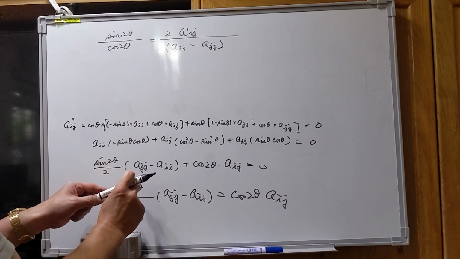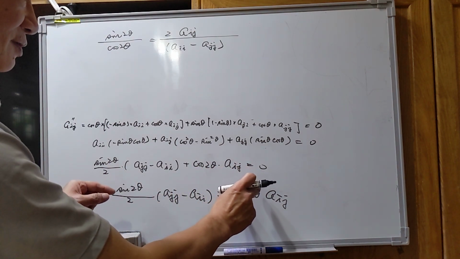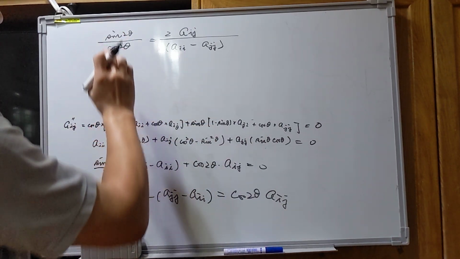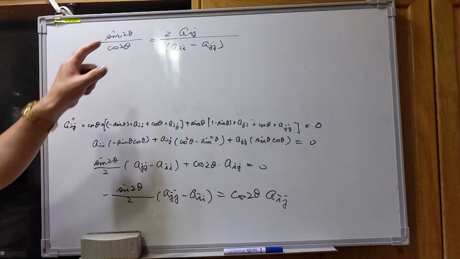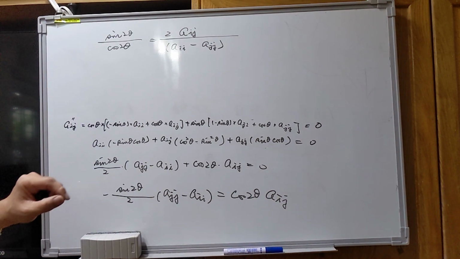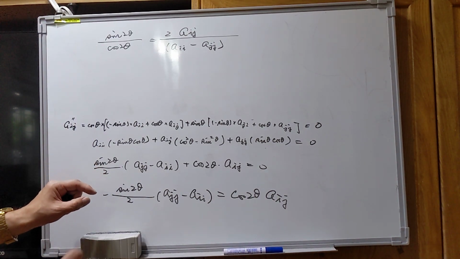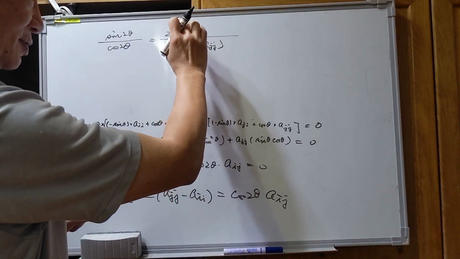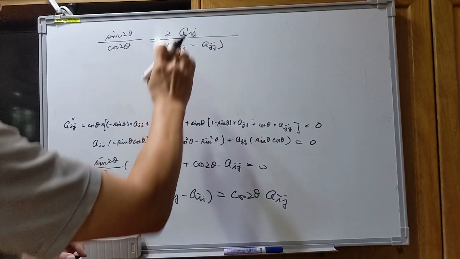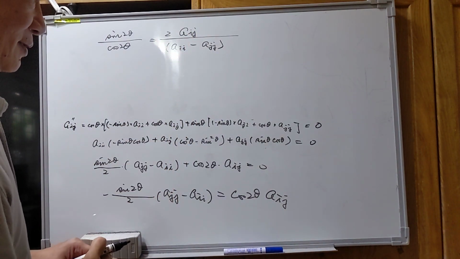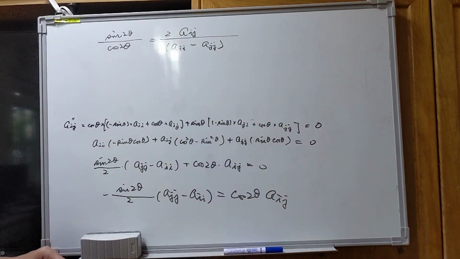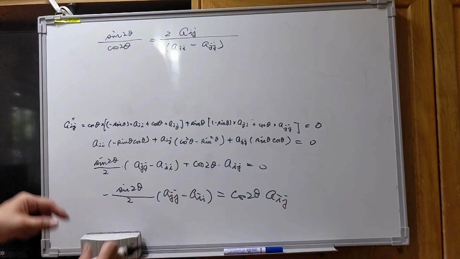And I can divide by cosine 2 theta on both sides, so I can get the cosine theta on the left side. And also I can multiply by 2 on both sides, so you will see the 2 on the right side. And I also move this element to the right, so you will get this.